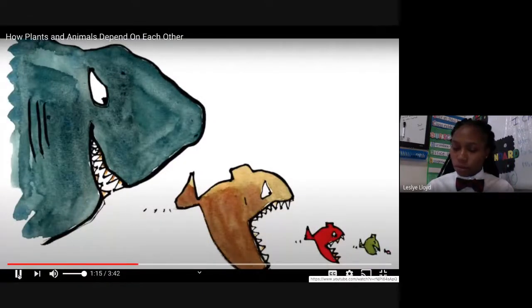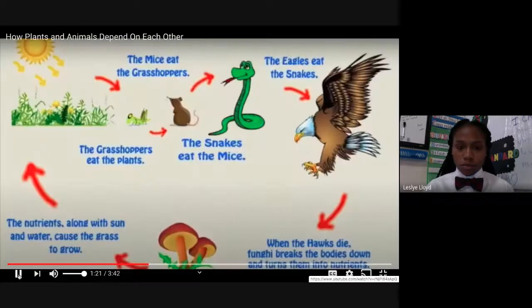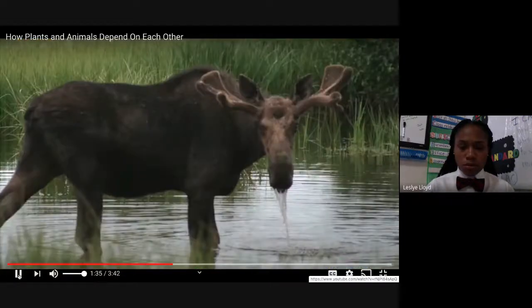Some eat other smaller animals, which creates the process called the food chain. In the food chain, the sun helps plants grow, which are eaten by animals. Larger animals prey on the smaller ones. When these predators die, their bodies are broken down into nutrients that help plants grow. Plants need these nutrients to grow not only to provide food for animals, but also to make healthier water for animals to drink.